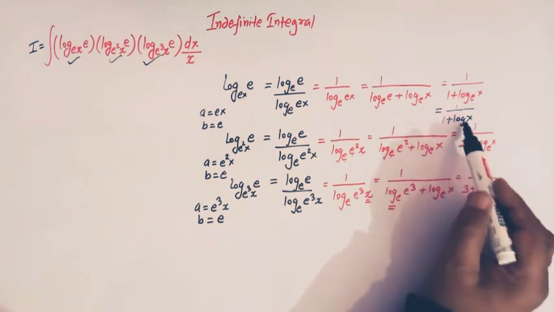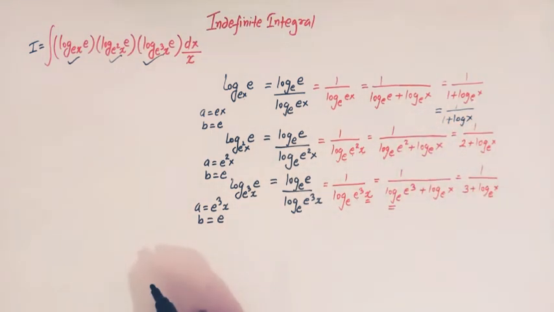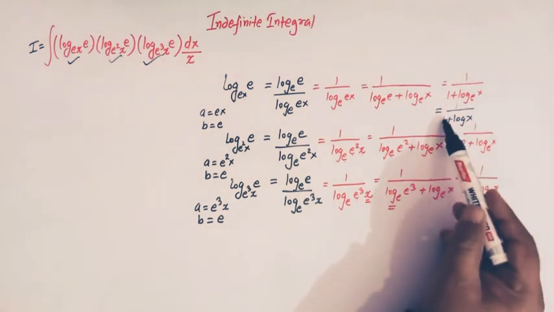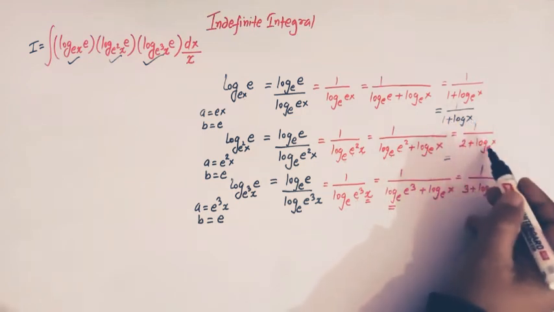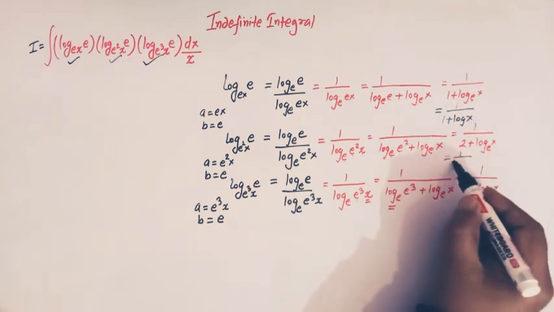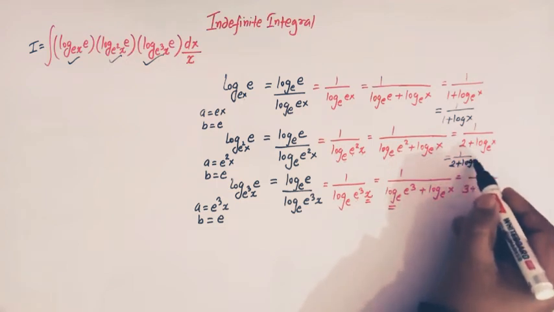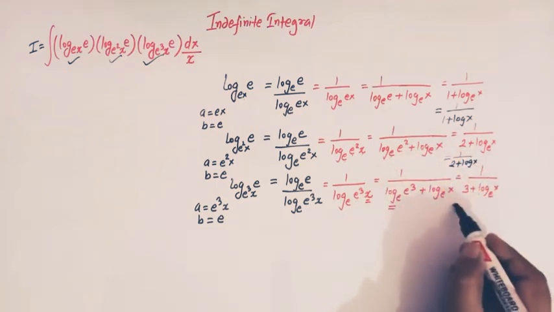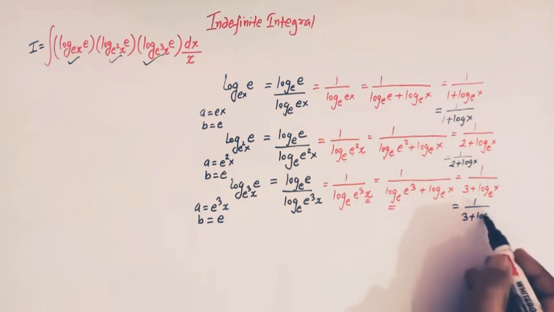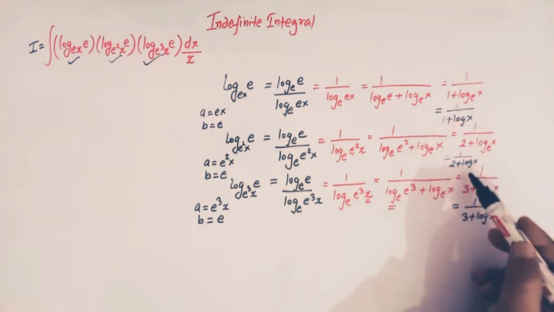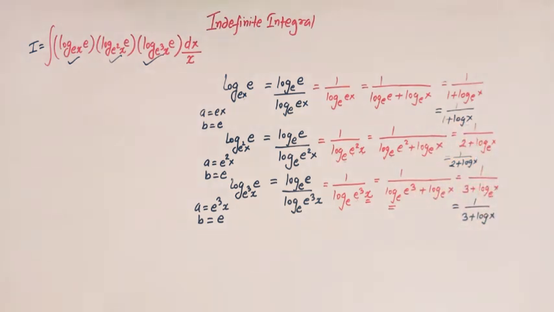Because it is understood that here we are using the base e, right? So this term can be written as 1 over 1 plus log x, right? Similarly, this term can be written as 1 over 2 plus log of x, and this term can be written as 1 over 3 plus log x, right? So here it is understood that the base is e, right?